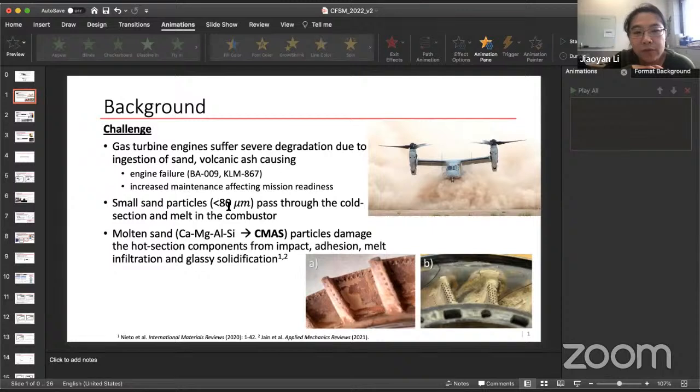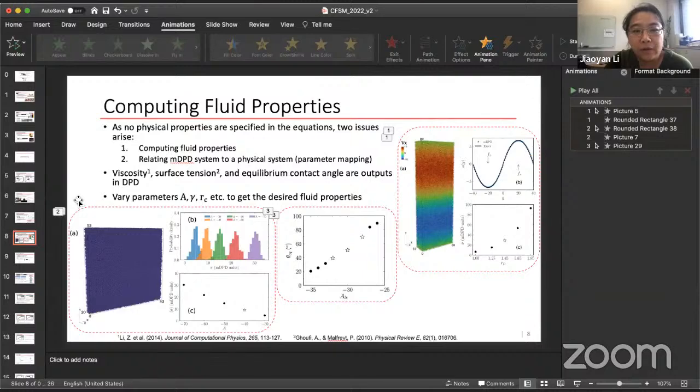But meanwhile, I'm just curious. When you do the DPD core screening, could it be possible to increase the length scale? Say currently one of your DPD beads represents maybe a couple of nanometers or micrometers.